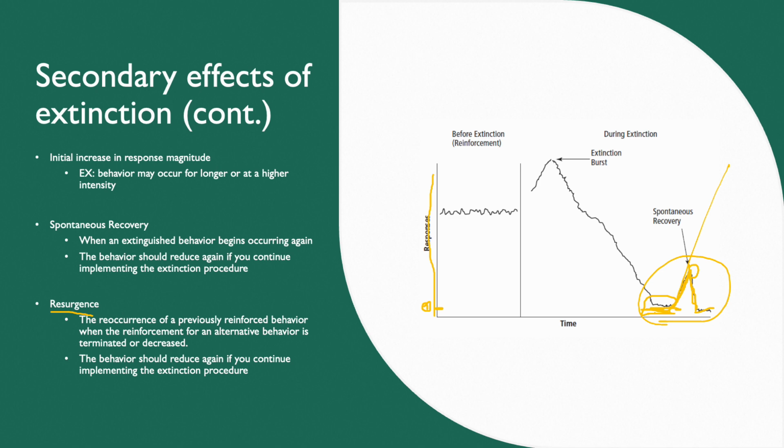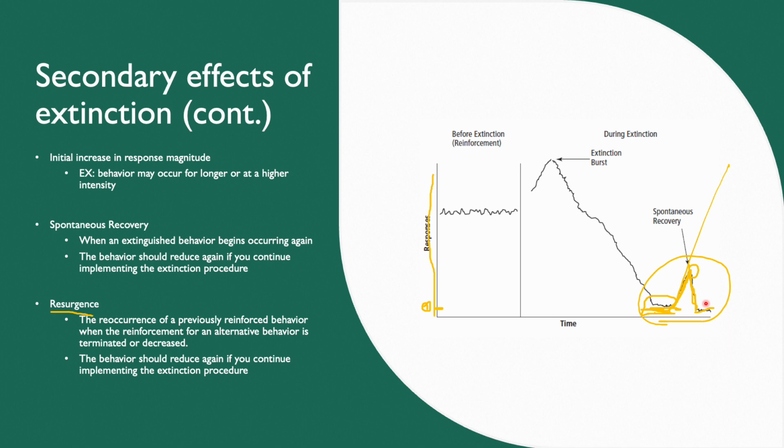And because of that response variation, you're going to see an increase in the specific behavior that you were targeting. It'll look very similar to spontaneous recovery on a graph. The only difference is that, again, this happens because there was a change in the reinforcement for an alternative behavior.